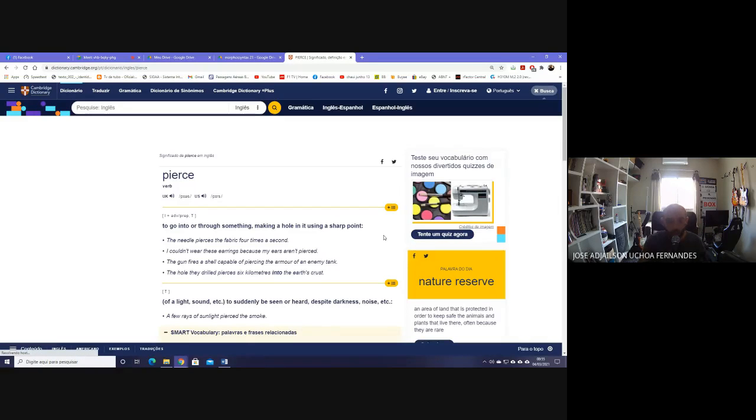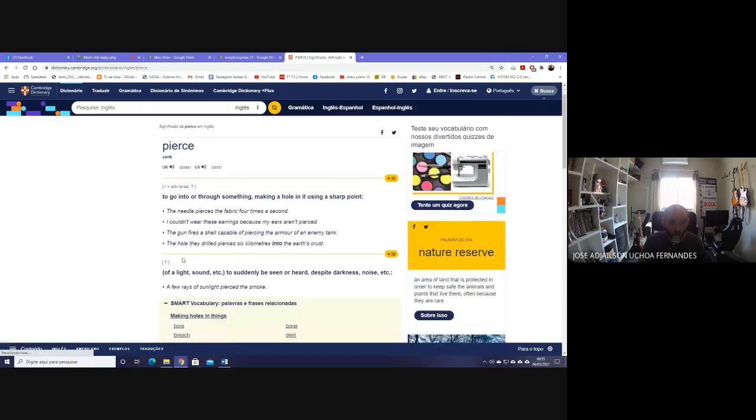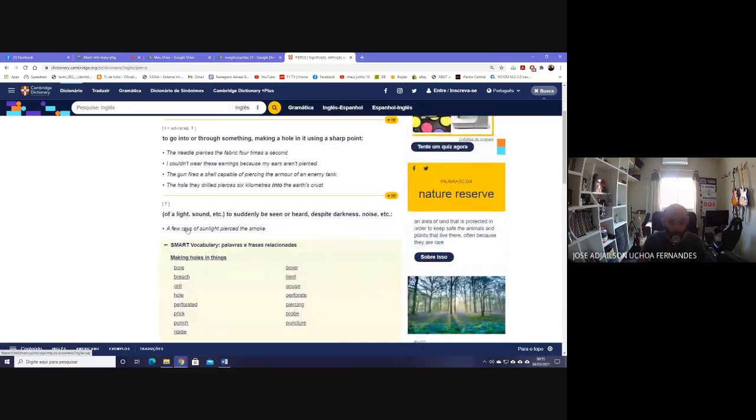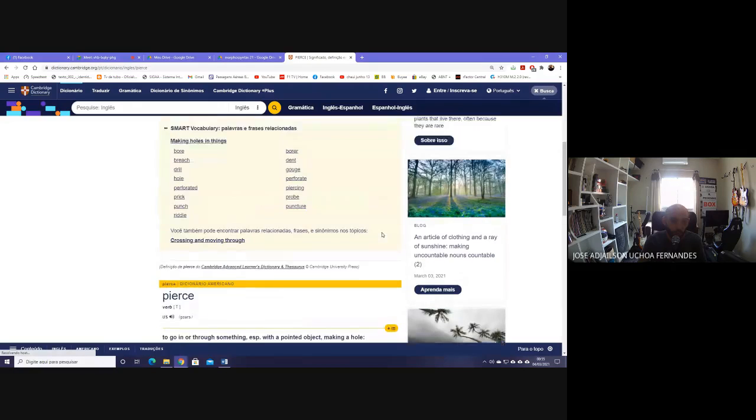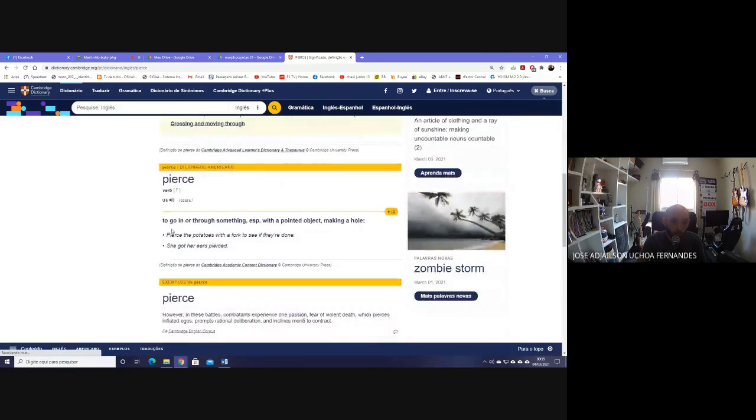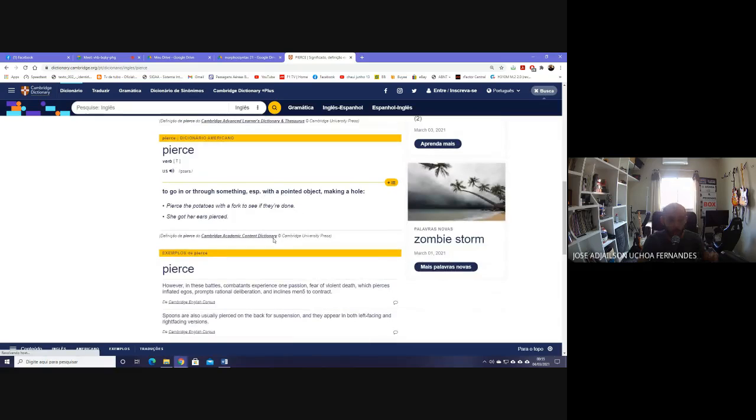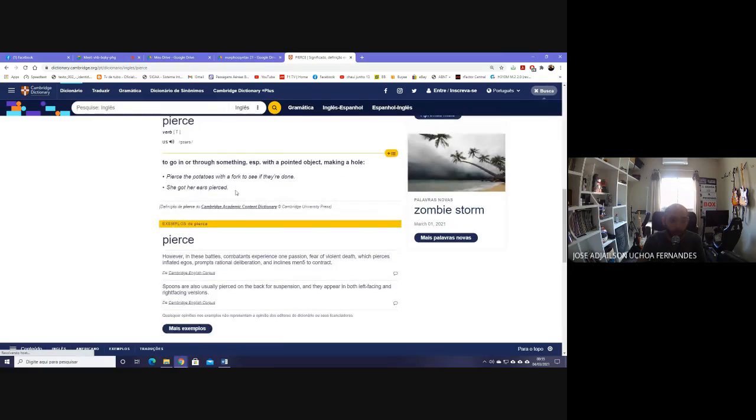It's similar to perforate. Or another meaning, a light, sound, etc., to suddenly be seen or heard despite darkness, noise, etc. Okay, pierce as a verb, to go through a pointed object, to make a hole.